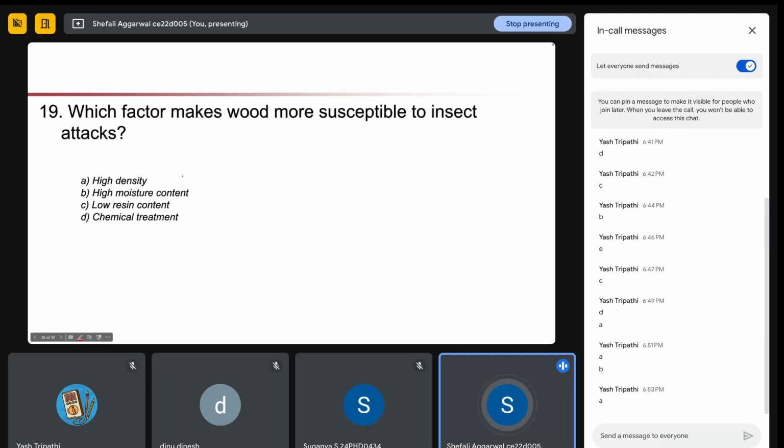So next question is, which factor makes wood more susceptible to insect attack? High density, high moisture content, low resin content or chemical treatment? Anyone?